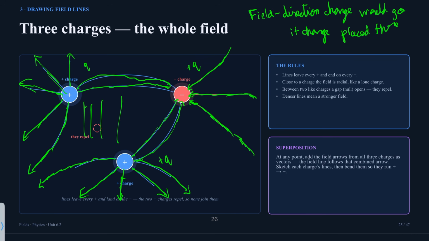That's why this entire space is empty. Firstly, because we don't have enough field lines for that. I could use more, but also because at this point they repel. So there wouldn't be a field line, right? If there was a charge here, it wouldn't go in any direction. So then I can't have a field line, because a field line is the direction the charge would go if it was placed there. If I don't have a direction, I won't have a field line. Okay. So I wouldn't draw anything there.